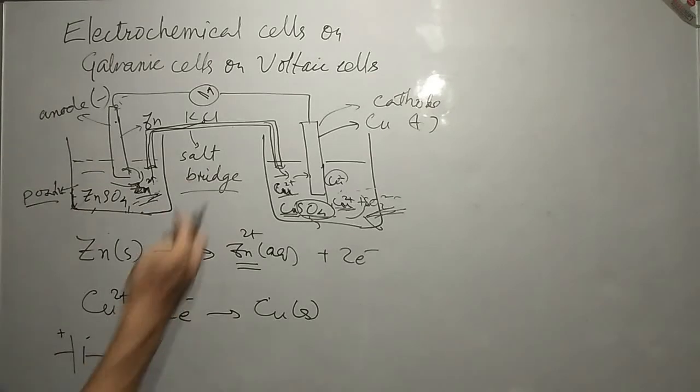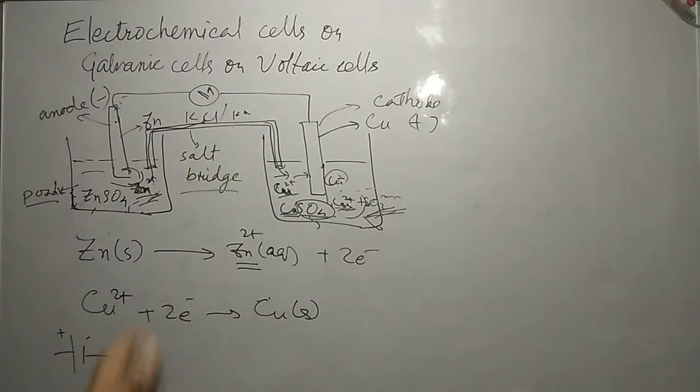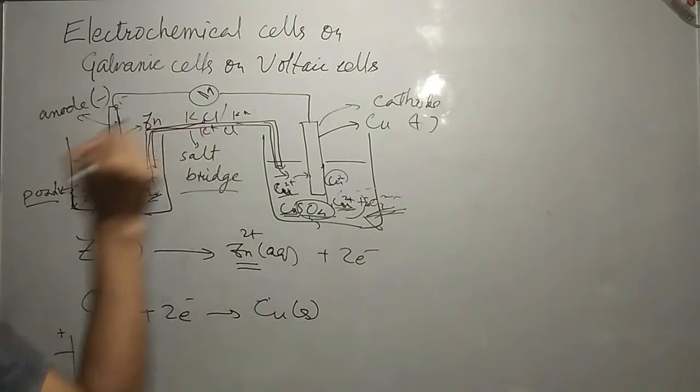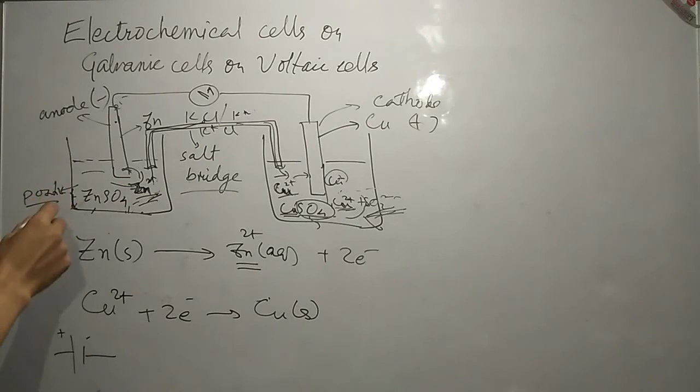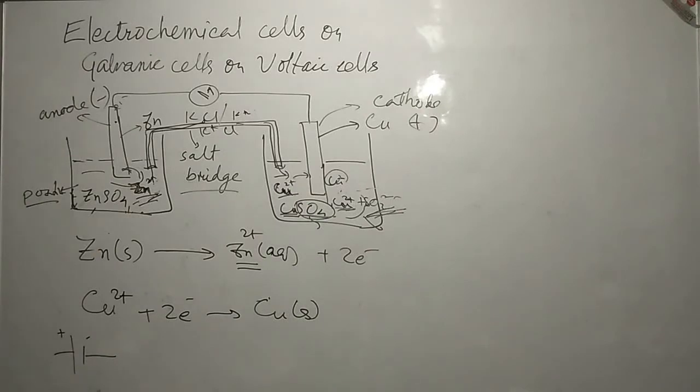In the salt bridge we have either KCl, KNO3 or NH4NO3. Now let us take KCl. This KCl dissociates into K+ and Cl-. The Cl- will go to the ZnSO4 solution and K+ will go to the CuSO4 solution, and therefore it neutralizes the charges and completes the electrical circuit.